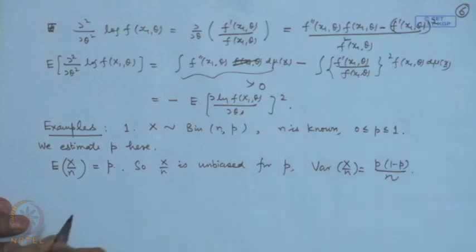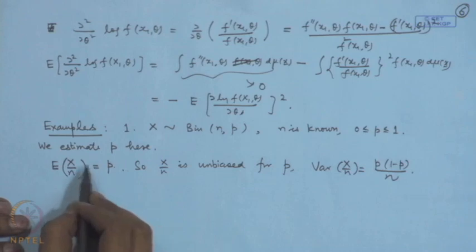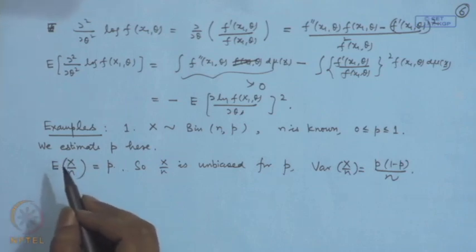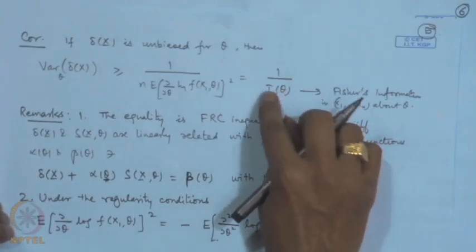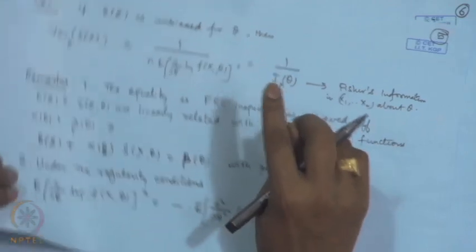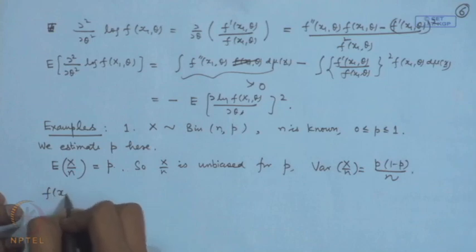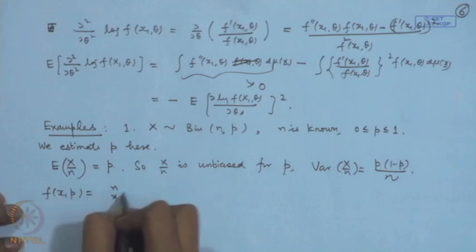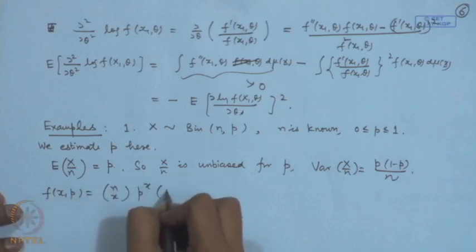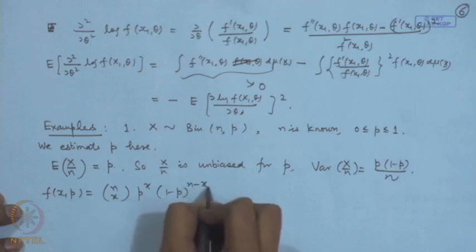Now, let us look at the lower bound here. If it is unbiased, then the lower bound is simply equal to 1 by the information measure. So, here we can calculate this. The density function is nCx p to the power x into 1 minus p to the power n minus x.